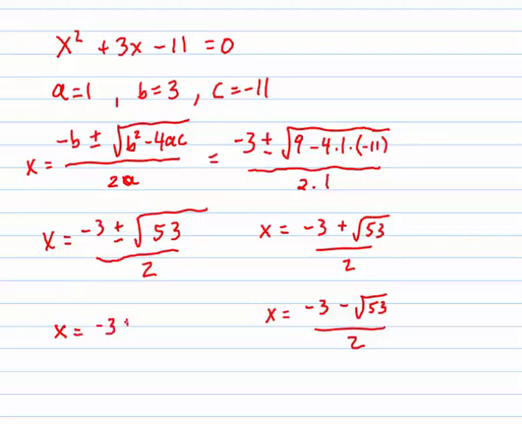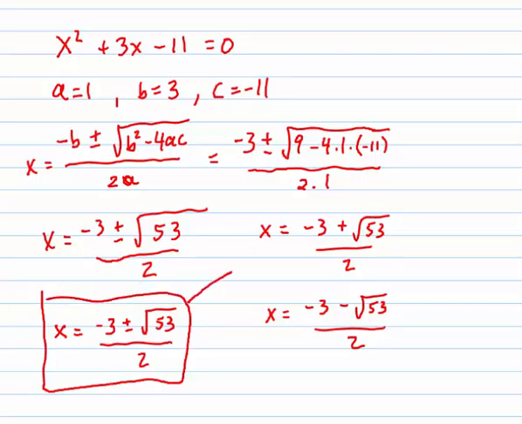Negative 3 plus or minus the square root of 53 all over 2. Now you can write it like this, and that's understood to be these two answers because of the plus or minus, and that really gives us two answers. Okay, we can't factor that, and that's why we're getting a square root that doesn't simplify to a nice integer.